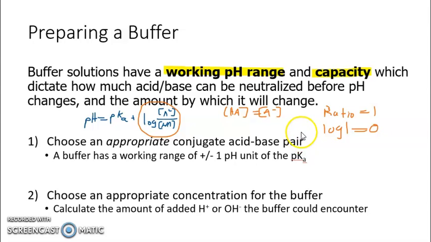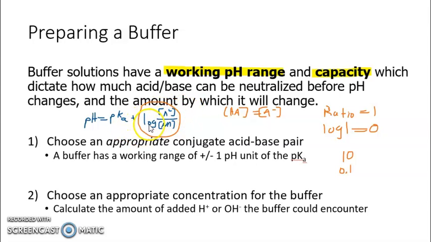Now, if this ratio is equal to 10, or this ratio is equal to 0.1, then the pH will be 1 unit away from the pKa. You can get your calculator out and convince yourself that that's true.